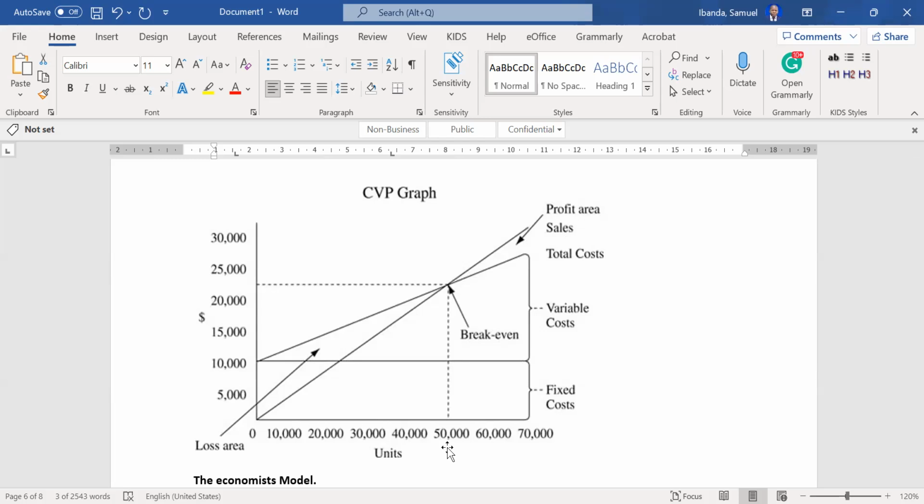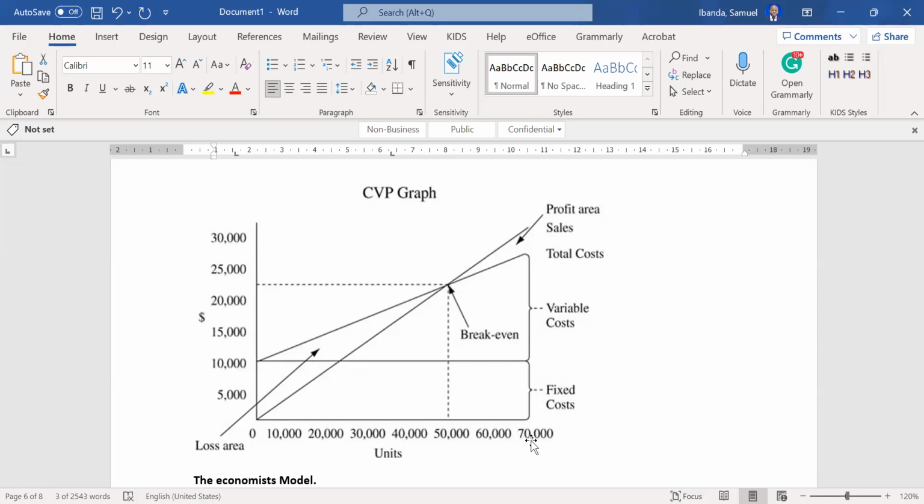Now, the question will be, if we are producing at 70,000 units, what is our margin of safety? So margin of safety is just trying to see how far we are from the break-even point, okay? Sometimes we say that margin of safety is how much output or sales level can fall before a business reaches its break-even point.